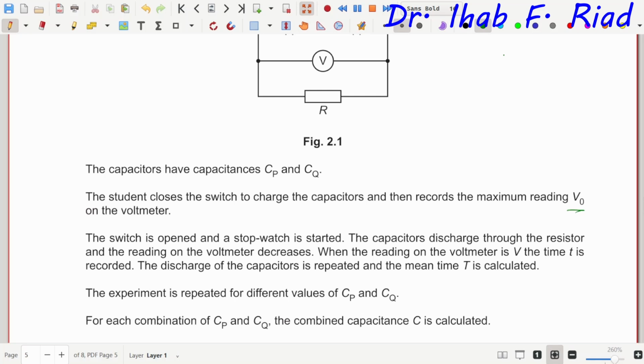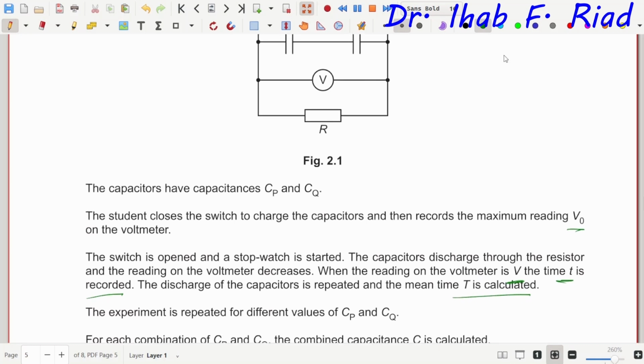The capacitor discharges through the resistor and the reading on the voltmeter decreases. When the reading on the voltmeter is V, the time T is recorded. The discharge is repeated and the mean time T is calculated.